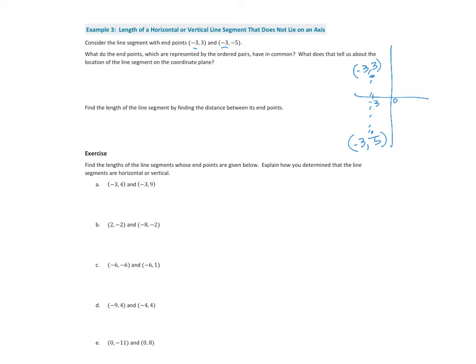Both endpoints have an x coordinate of -3, so they lie on a vertical line. Here's my x, here's my y, they intersect. It goes across that x-axis, okay?